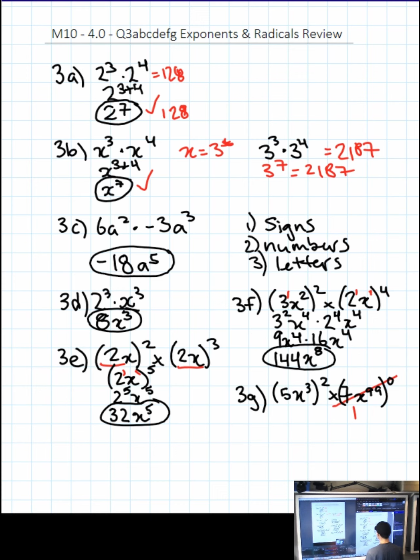So I don't even have to bother with that term. I can simply give the 5 an exponent of 1 and multiply my exponents together. I get 5 squared, 1 times 2 is 2. X to the 6, 3 times 2 is 6. 5 squared is 25. So we're going to get 25x to the 6.